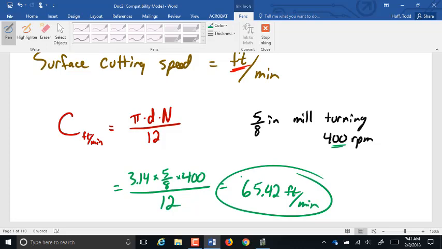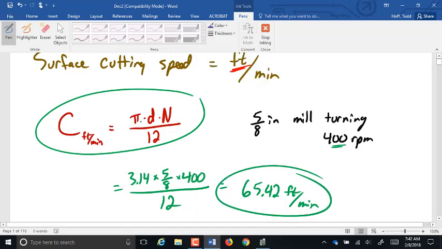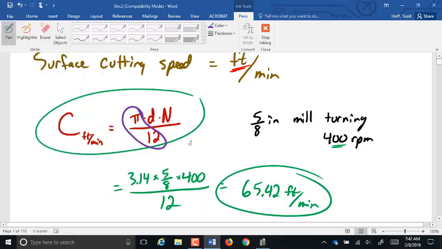Now, obviously, this formula probably does not look like the one you use in the shop. Most of the time, what they use in the shop is they combine pi and 12, and they actually do it the opposite way. What is 12 divided by pi? 3.82. So in the shop, often they just do diameter times RPM over 3.82. Okay, that's the same thing.